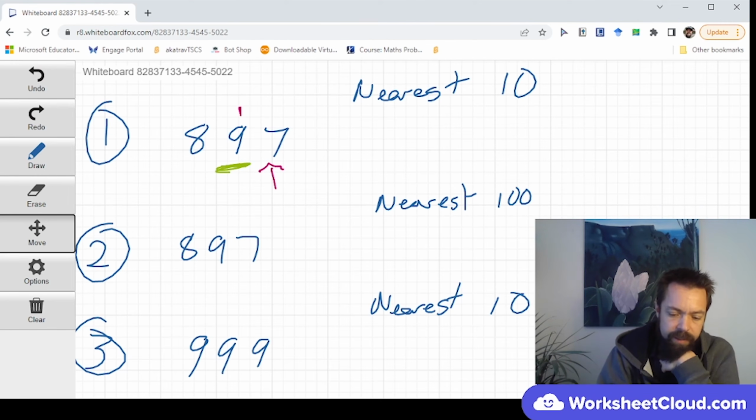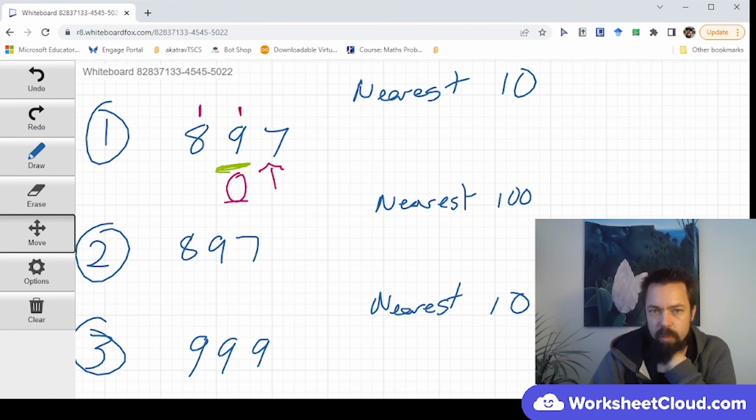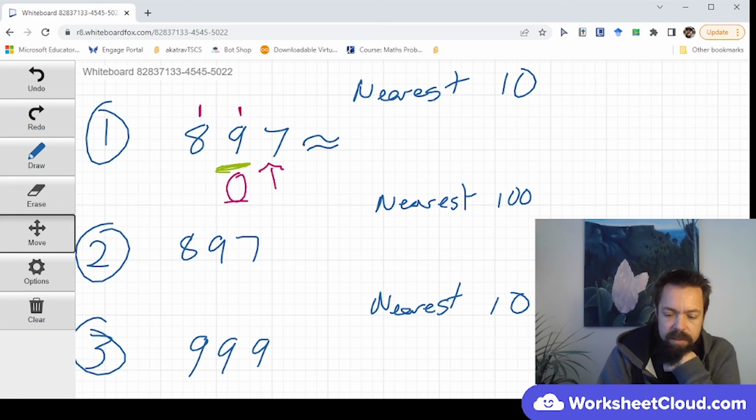I'm going to put that there, which means I've got 10. But I only have space for a single digit down here. So I'm going to leave the 0 there, and just like with adding, I'm going to carry the 1 to the next slot, which means that my answer is roughly 900.